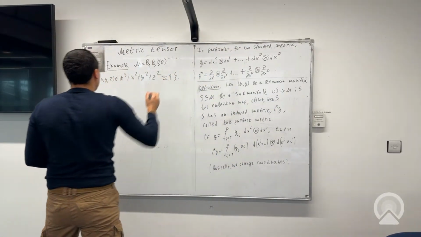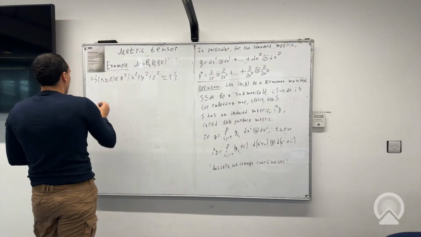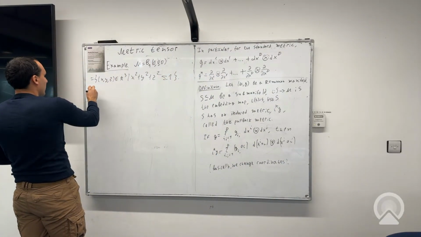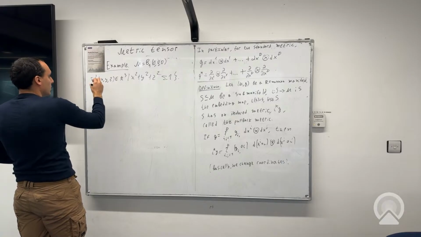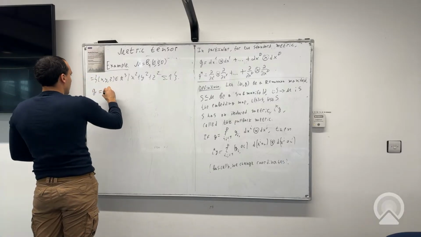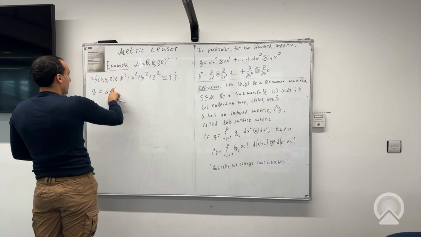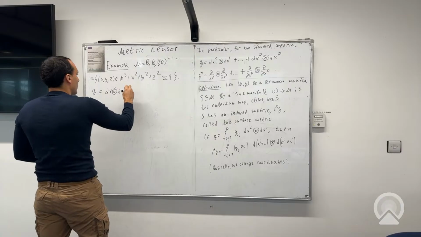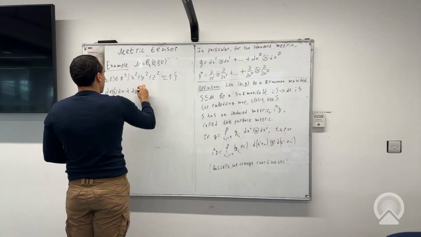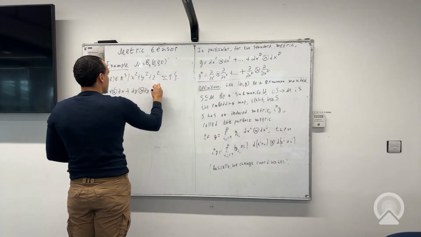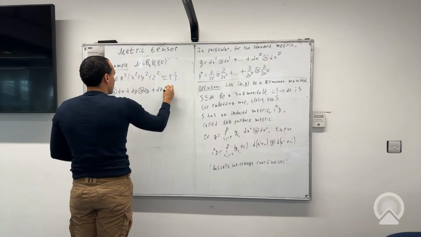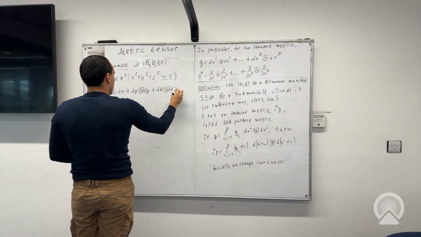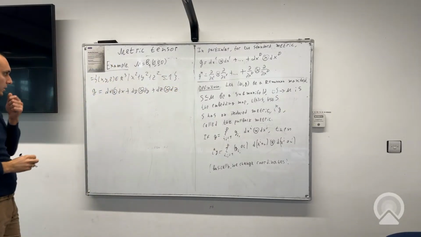Now g is dx tensor dx plus dy tensor dy plus dz tensor dz, not wedge. This is the standard metric.